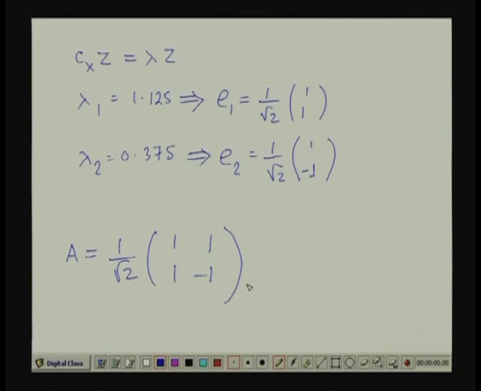Now, what is the implication of this? You find that using this particular transformation matrix, if I apply the KL transformation, then the transformed vector will be y equal to A into x minus mu x.